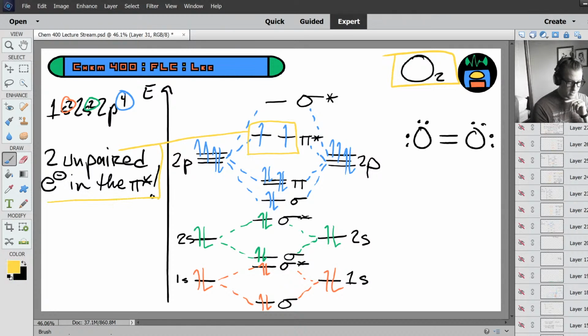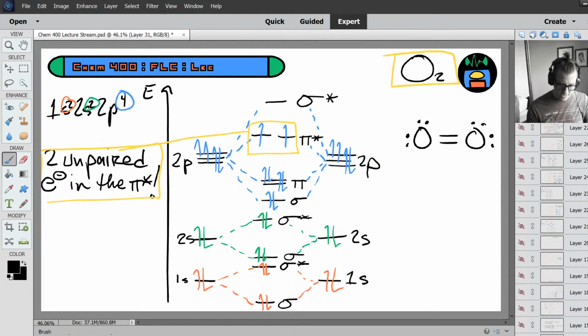Lewis theory doesn't have a concept of bonding orbitals versus antibonding orbitals, but the 2 electrons housed in the pi star antibonding orbitals are unpaired, making oxygen a diradical.